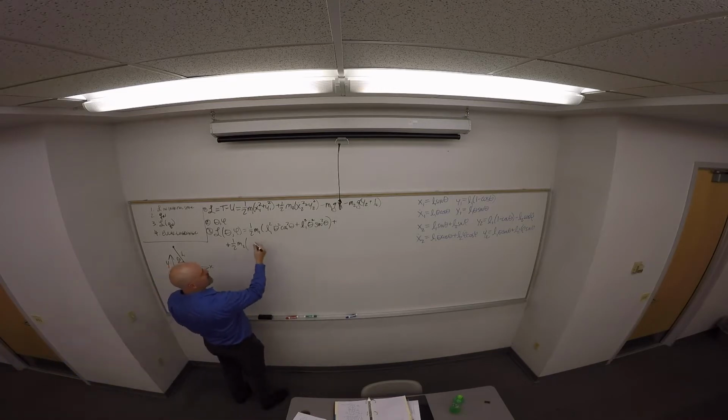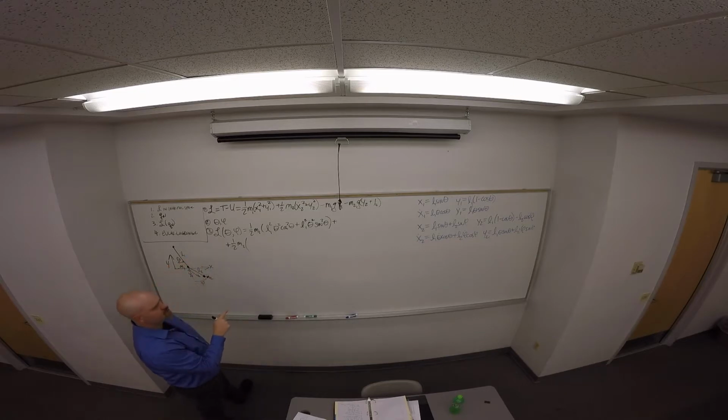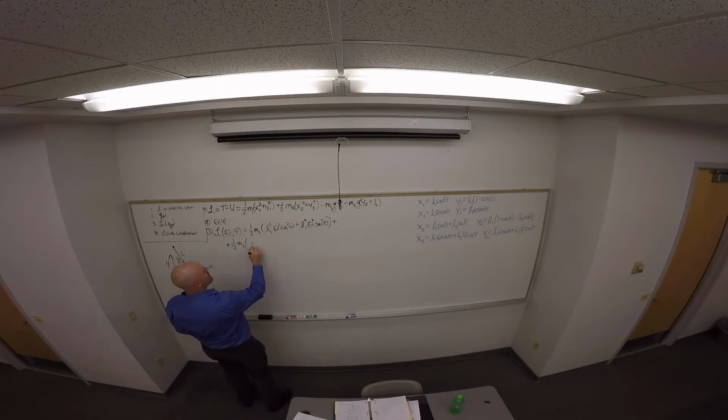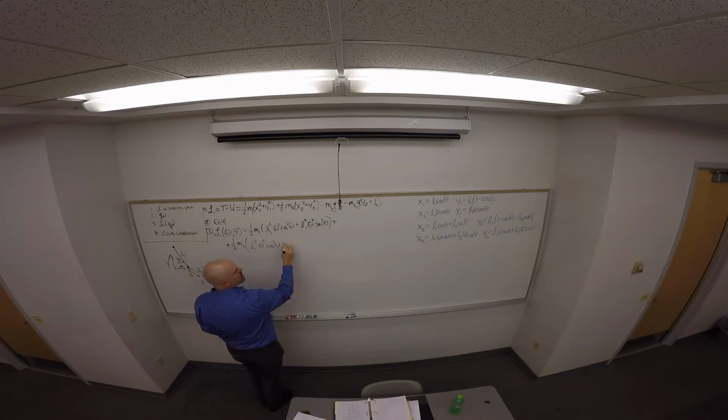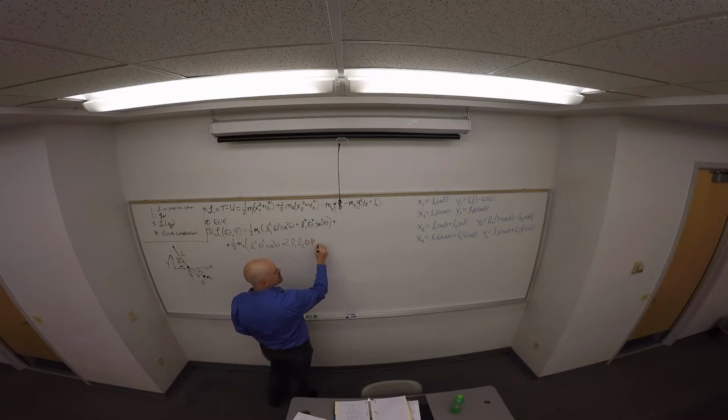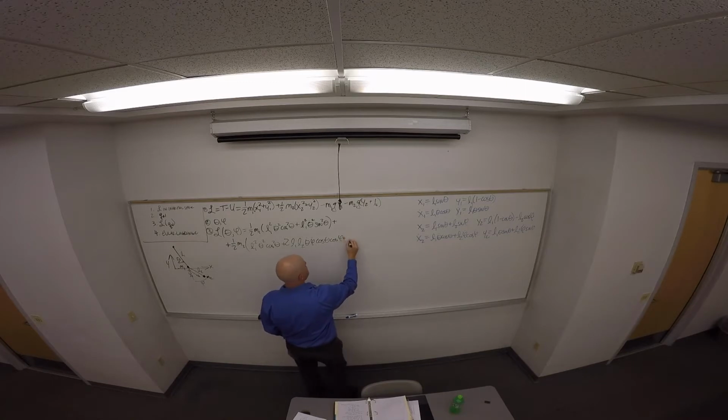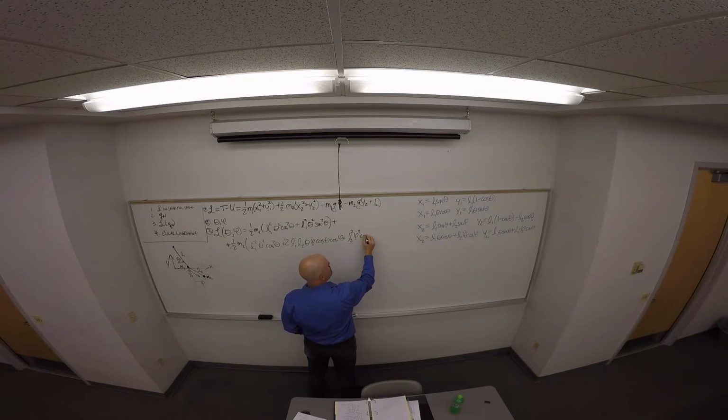Okay. M2 times x2 dot squared. So that's going to be L1 squared theta dot squared cosine squared theta plus 2 L1 L2 phi dot theta dot cosine theta cosine phi plus L2 squared phi dot squared cosine squared phi.